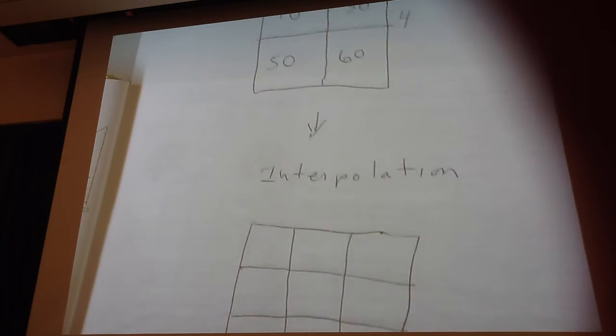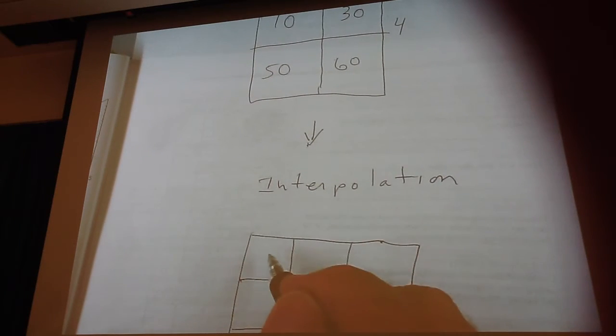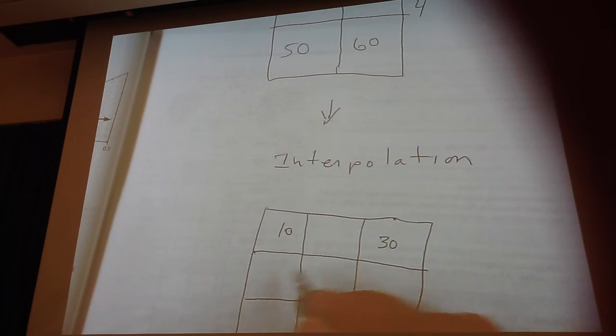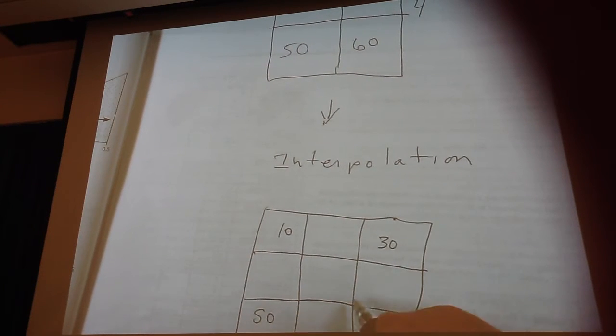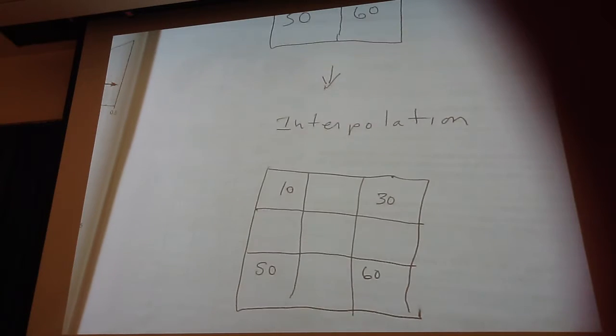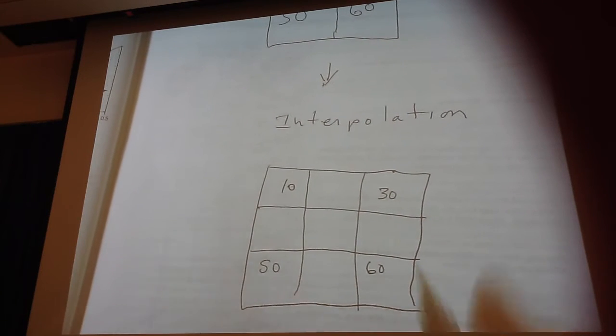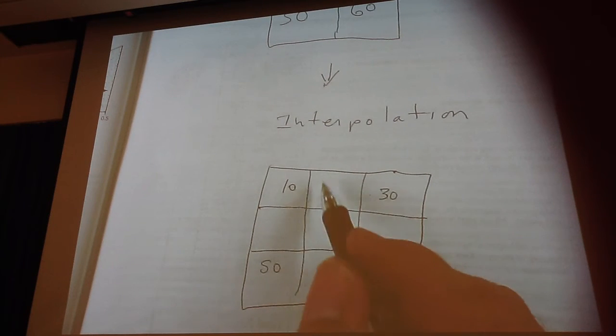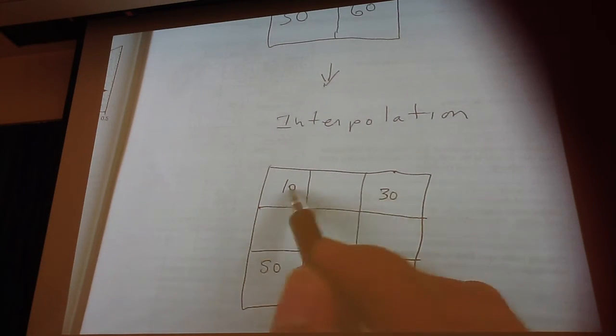Okay, so I take the numbers that I had up here. So I had 10, 30, 50, and 60. This is my original data here, and what I basically do is add these two numbers together.